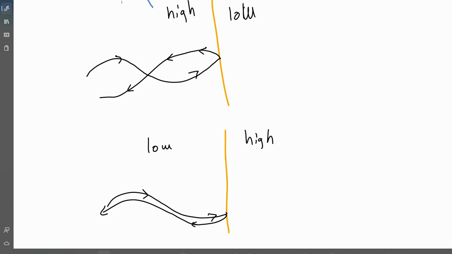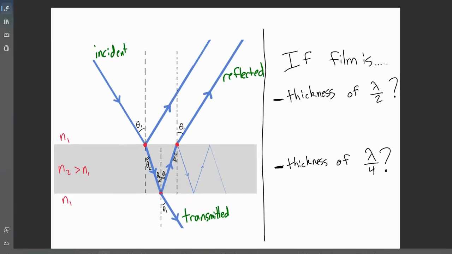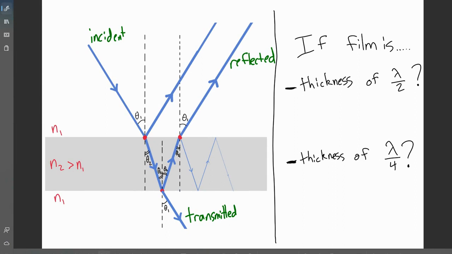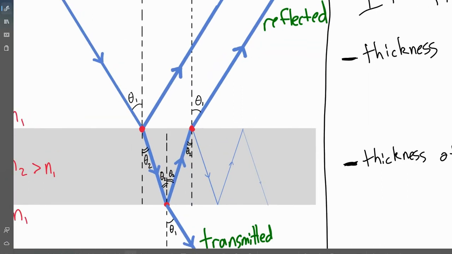So what that looks like is if we were to take a thin film with a thickness of half of a wavelength, that means this has a wavelength of lambda over 2.